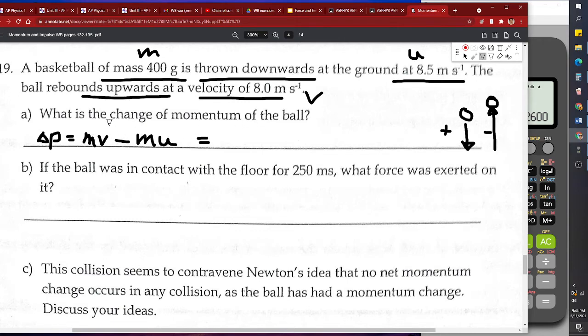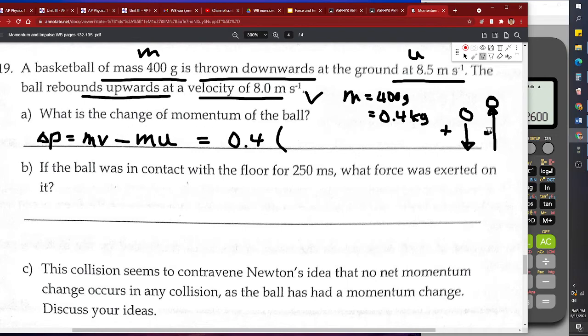In fact, I can factor out the mass, 400 grams, which is really 0.4 kilograms. We'll take that out because it's common in both as a factor. So it's going to be V minus U.